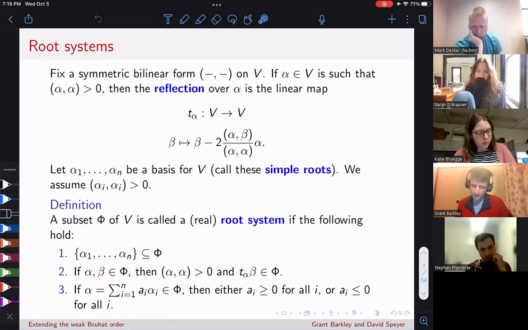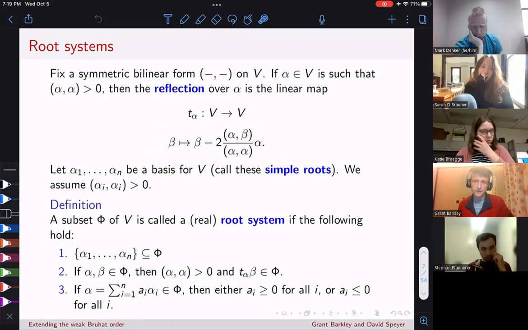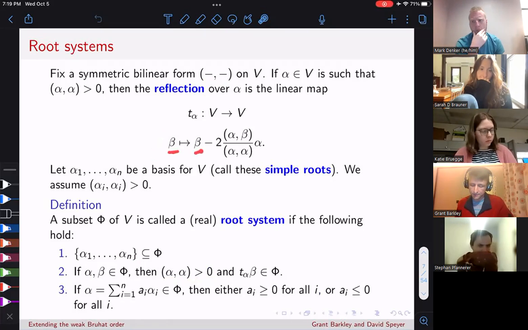So what do I mean by reflect one root over another? Whenever you have a bilinear form and you have a vector such that its pairing with itself is non-zero, then you can define a reflection operator on your vector space, called orthogonal reflection over your vector, which does this. This is just the formula for reflection over alpha, and it sends any vector to that vector minus this formula.